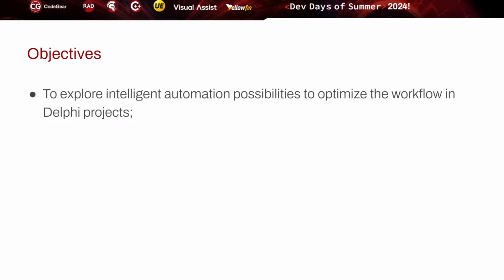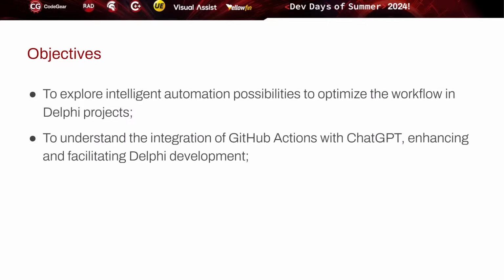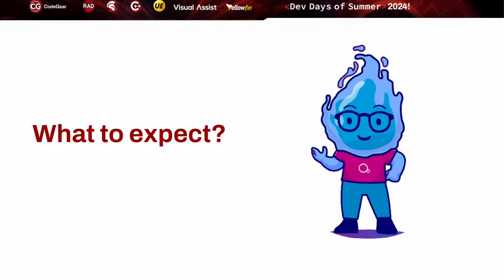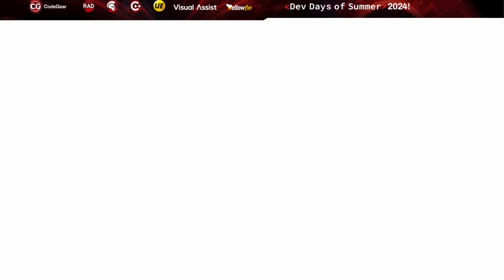And one of the objectives of this session is to try to use this new possibility that we have in our daily life working on Delphi projects. Okay, and to understand the integration of GitHub Actions and ChatGPT, and how it facilitates Delphi development. What to expect?